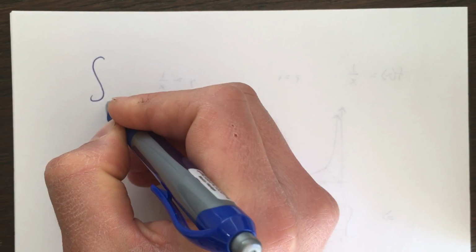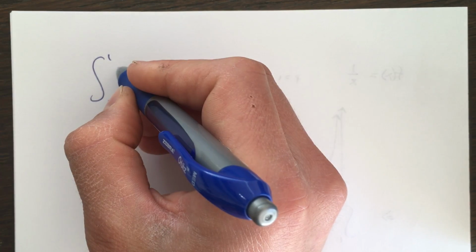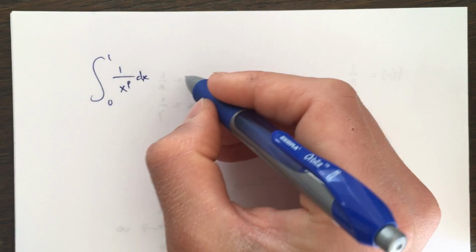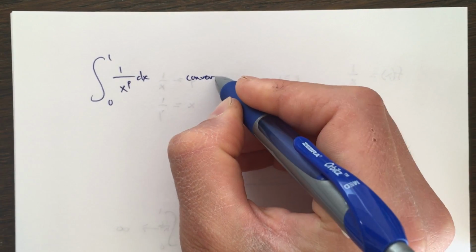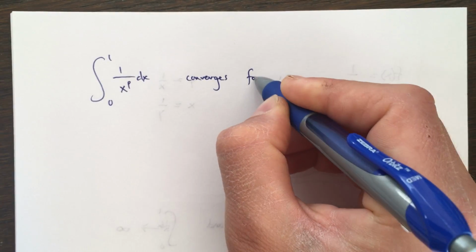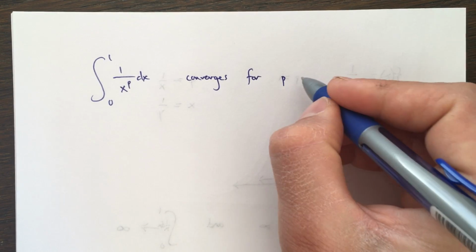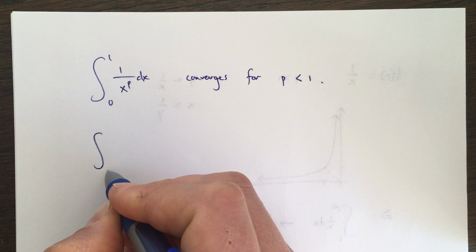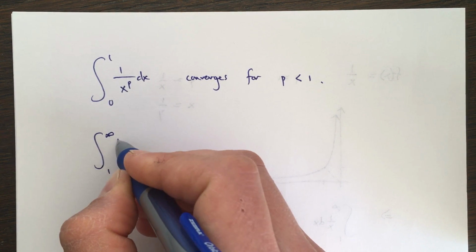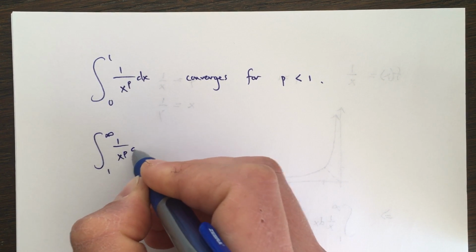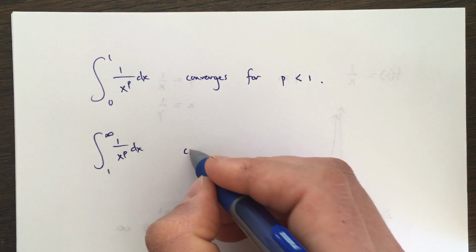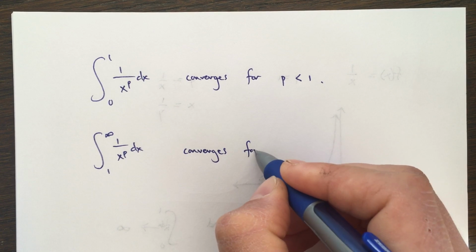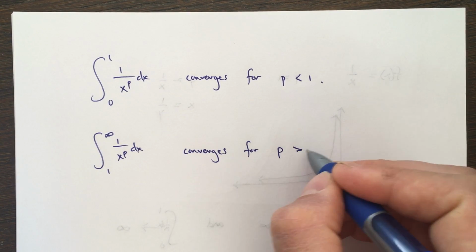For the integral from 0 to 1 of 1 over x to the p, this converges for p less than 1. From 1 to infinity of 1 over x to the p dx, this converges for p greater than 1.